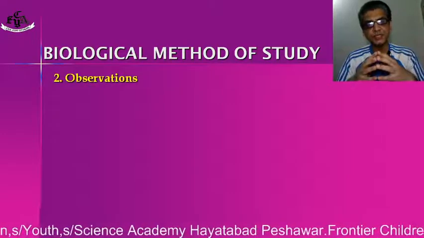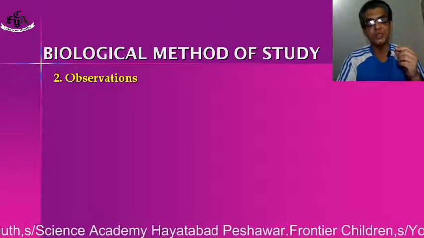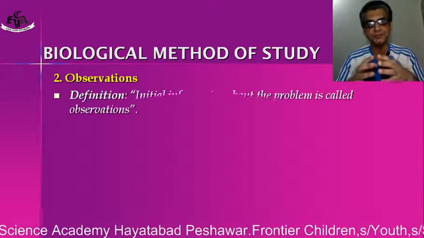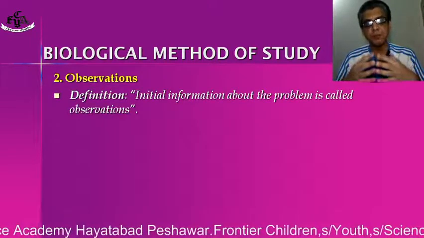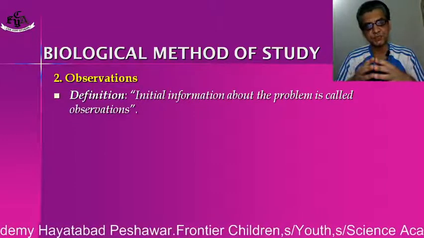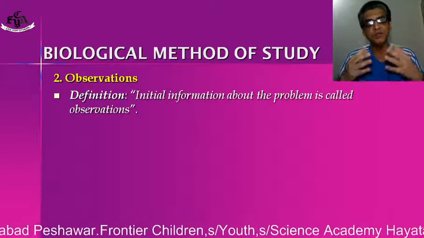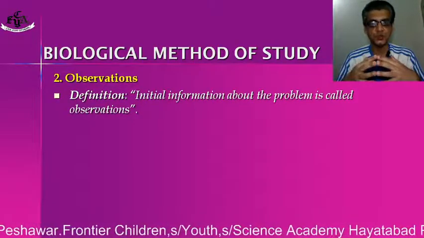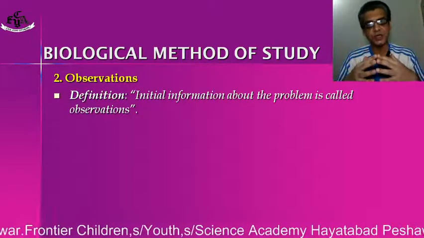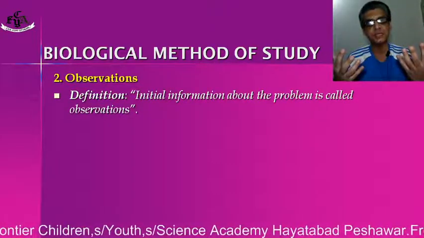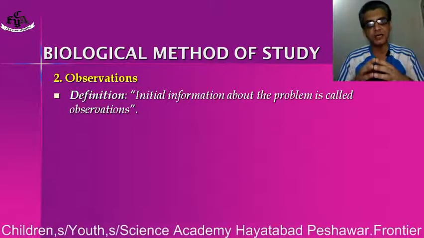Now after recognition of biological problem, the second step is observation. What is observation? Observation is the initial information about the problem. For observation, the five senses are used. And you know these five senses. With the help of these five senses, observations are collected.